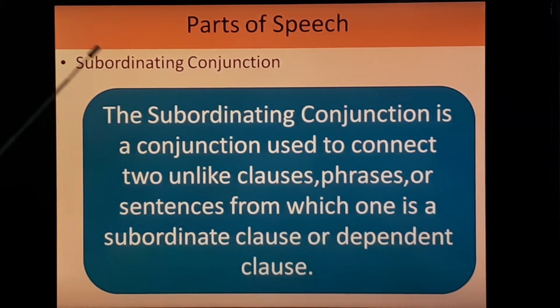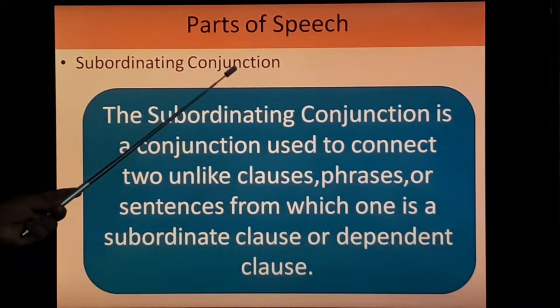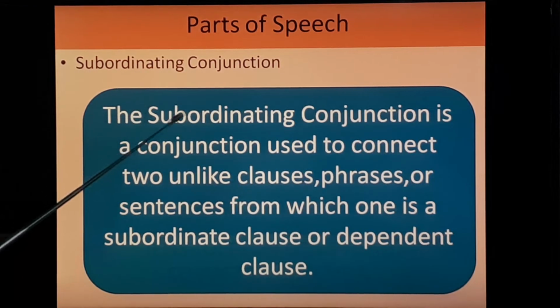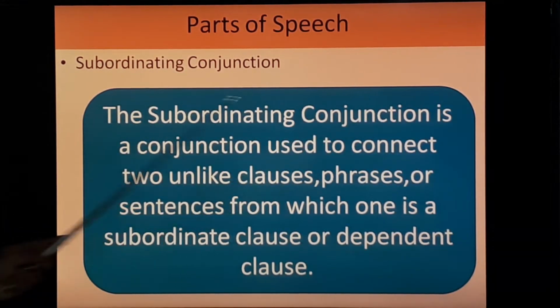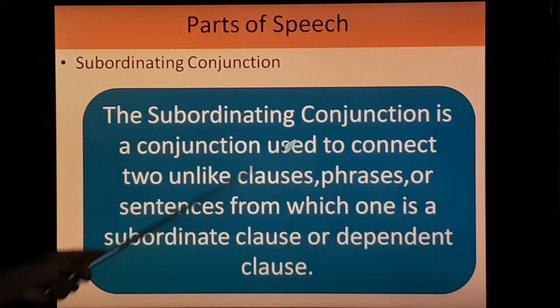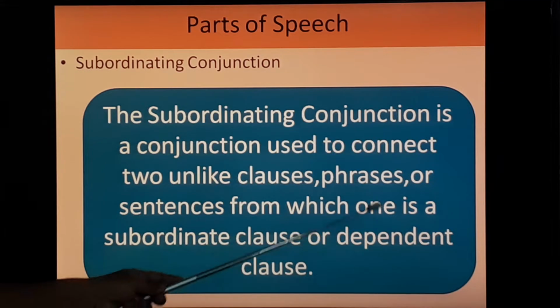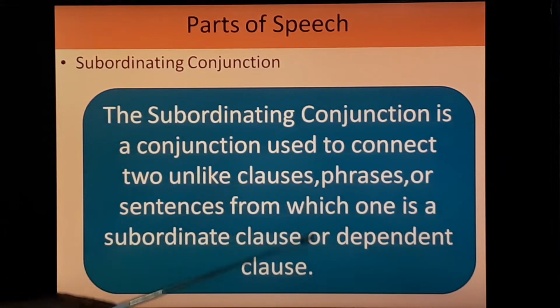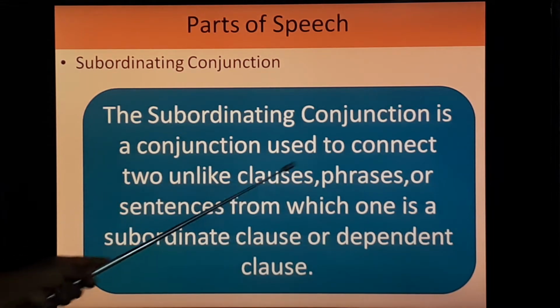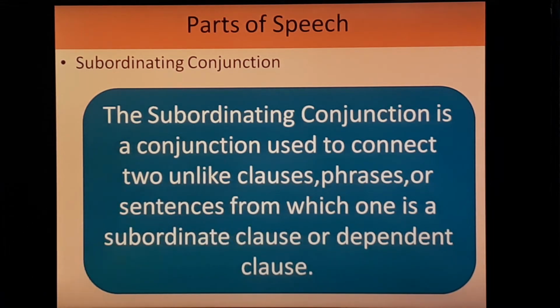Let's see the definition of subordinating conjunction first. The subordinating conjunction is a conjunction used to connect two unlike clauses, phrases or sentences from which one is a subordinate clause or dependent clause. So unlike means different clauses, phrases or sentences.